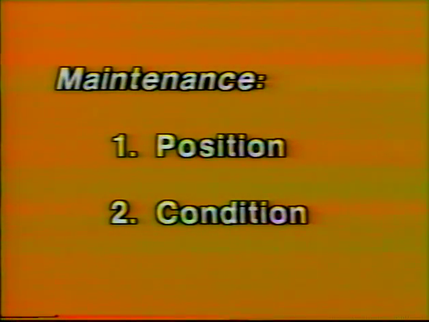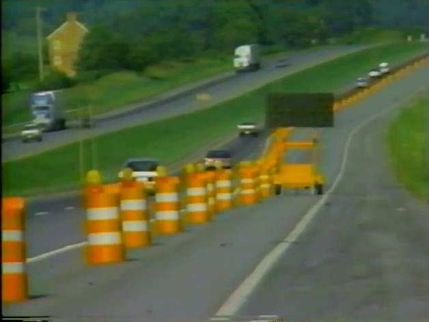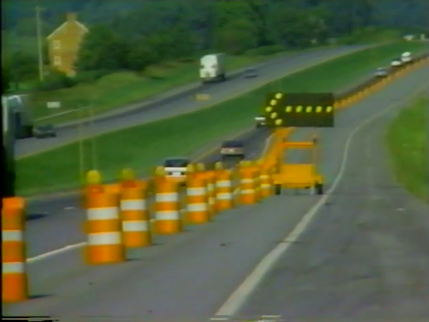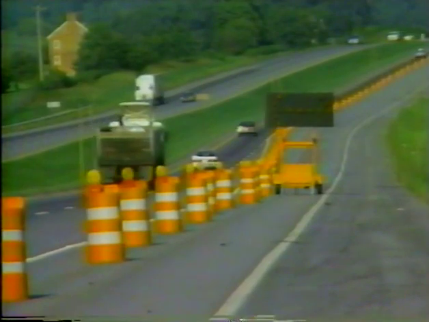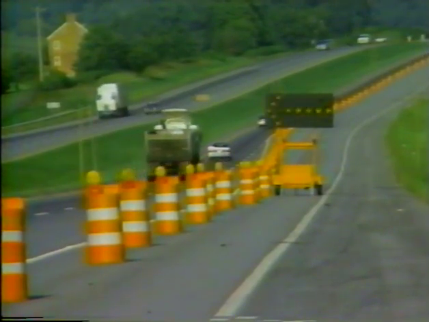Now for the other side of maintenance, the condition of traffic control devices. Of course, all devices should be in good condition, not necessarily perfect or like new, but reasonably clean and bright and relatively undamaged. Some agencies have written and illustrated standards that describe when devices should be replaced.